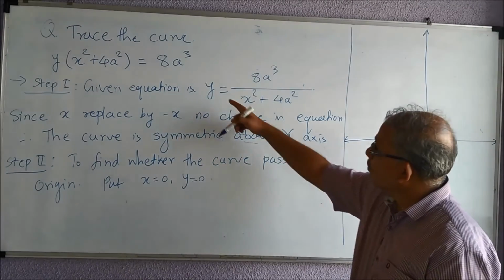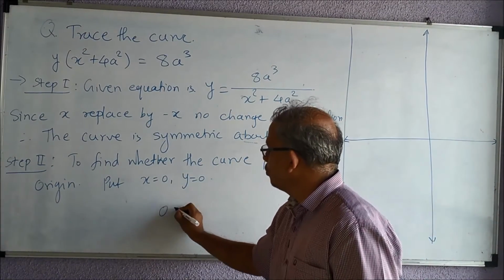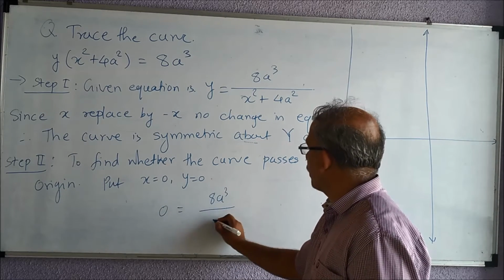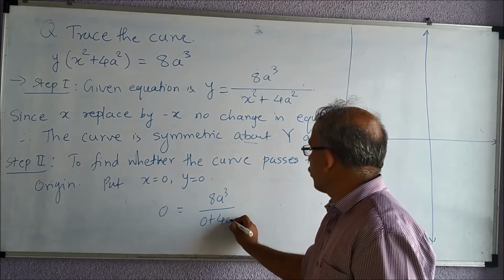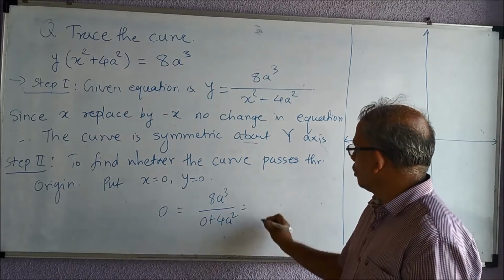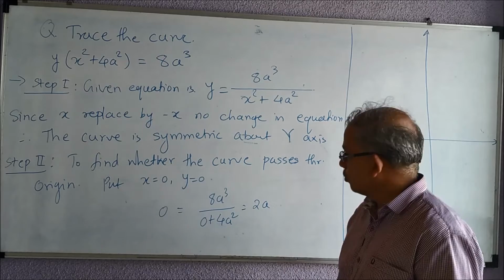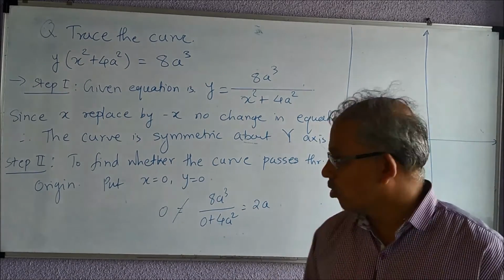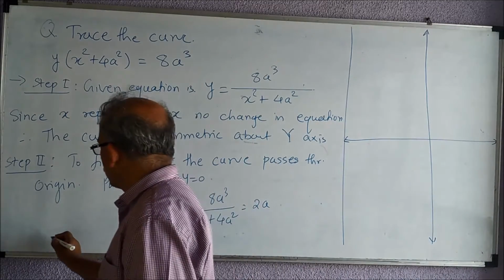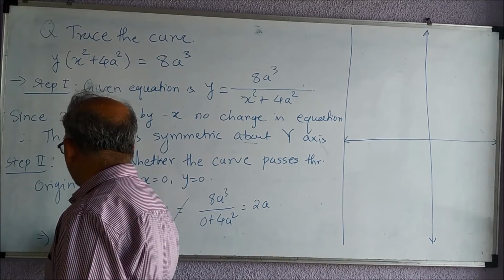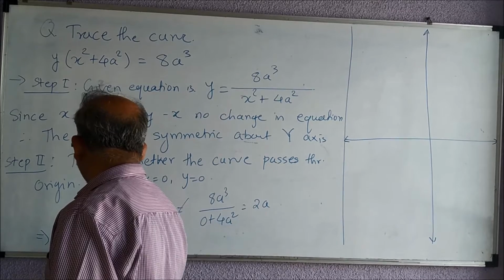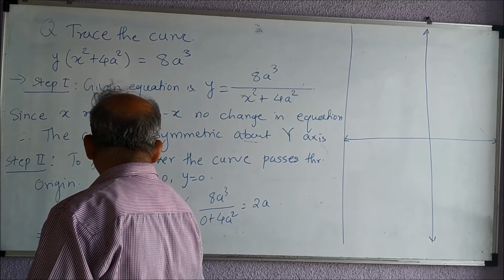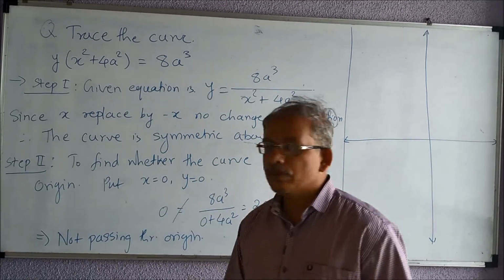If I put y equal to 0, I'll get 0 equal to 8a cube divided by 0 plus 4a square, and that is equal to 2a. So certainly 0 is not equal to 2a, and that implies the curve is not passing through the origin.